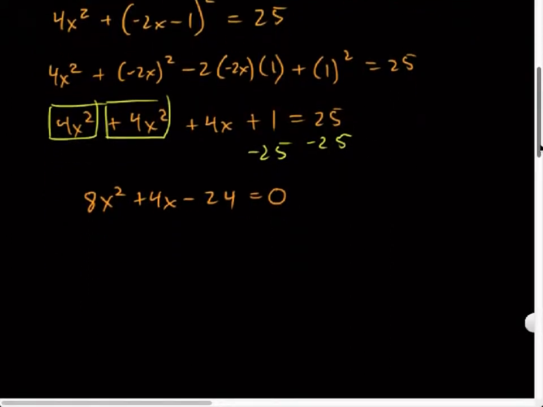Now I could factor to solve this quadratic, complete the square, or use the quadratic formula, all of that would be great. However, I think I can make all of these numbers smaller. Just divide everybody by 4, because I hate to do math with bigger numbers than I need to. So there we go: 2x squared plus x minus 6 equals 0.